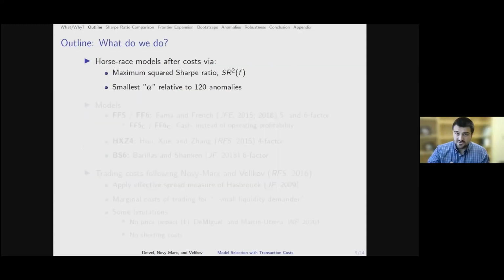But now, before we get to the actual results, let me do a quick outline of what we're about to do. In the paper, we basically horse race models after accounting for transaction costs, either comparing the maximum squared Sharpe ratios or looking at a version of alphas relative to a large set of anomalies.